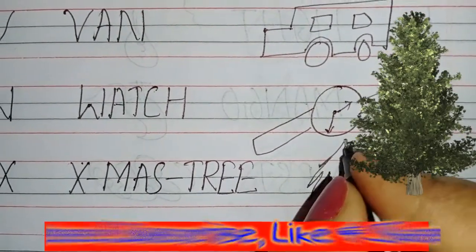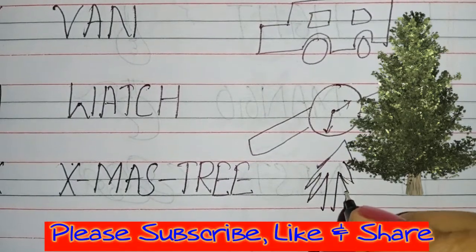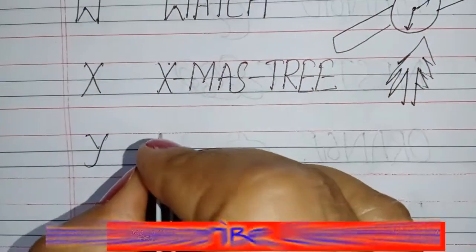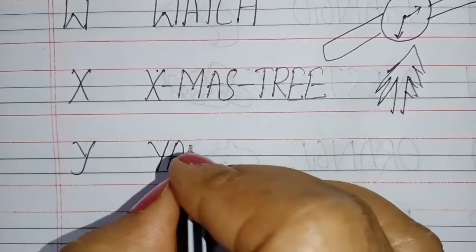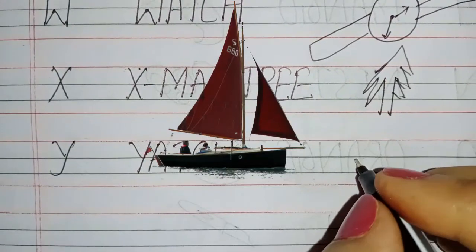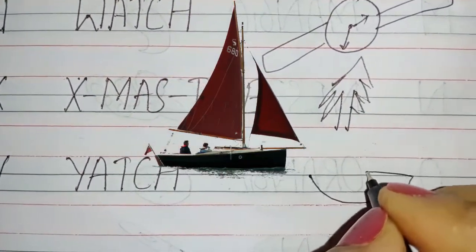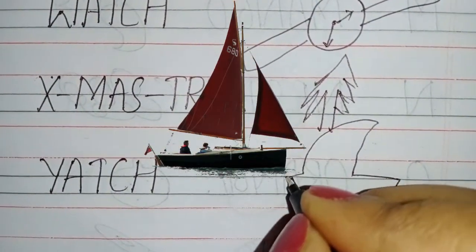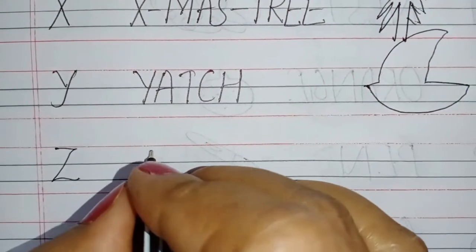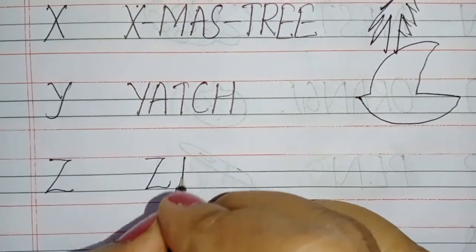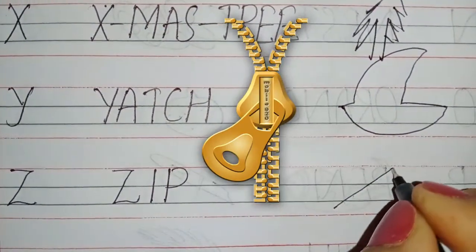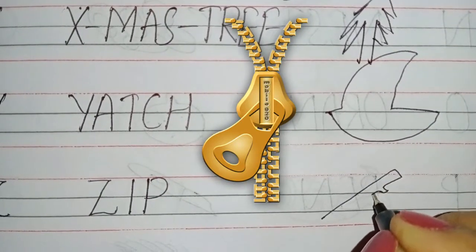X for Xmas tree. Y. Y A C H T. Yacht. Y for yacht. Z. Z I P. Z for jeep.